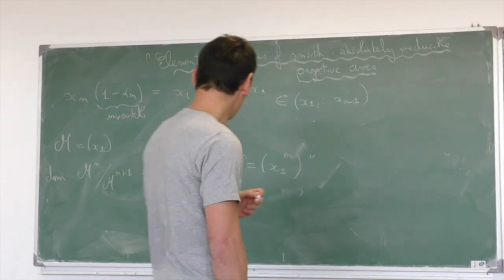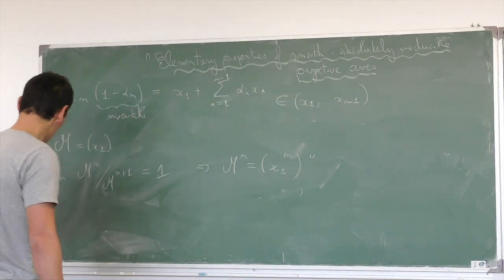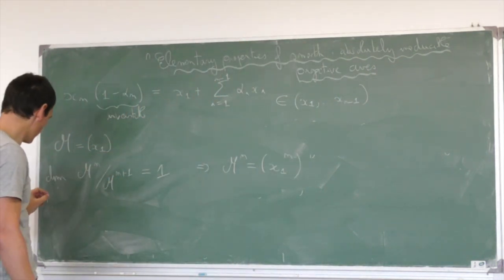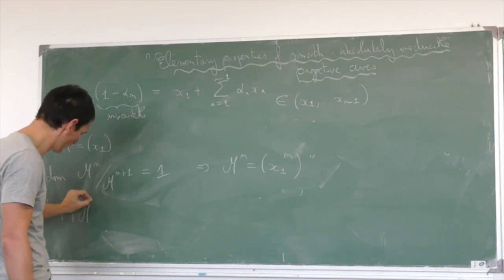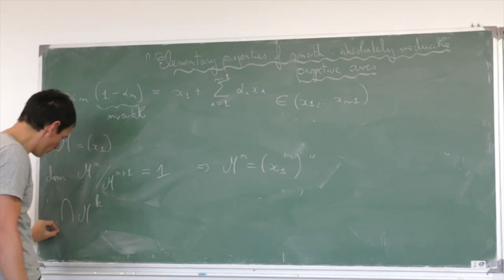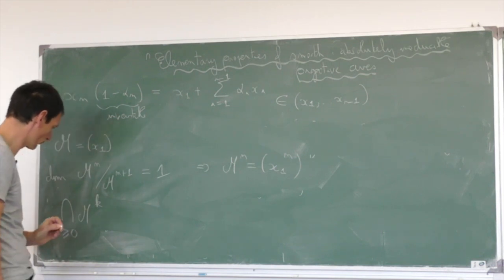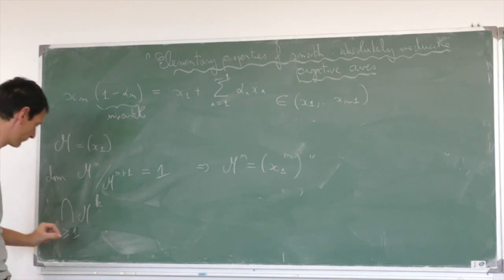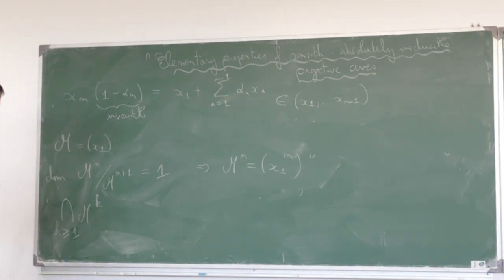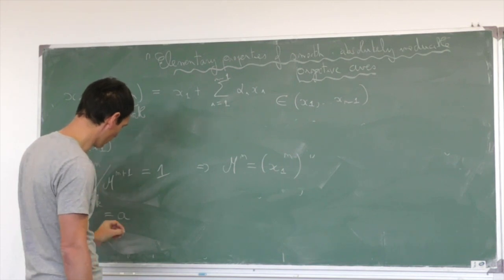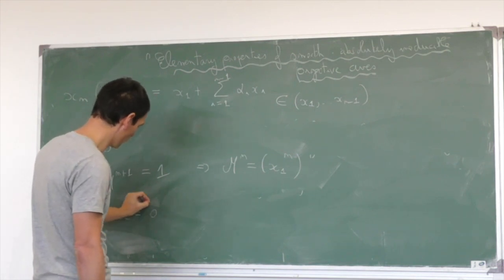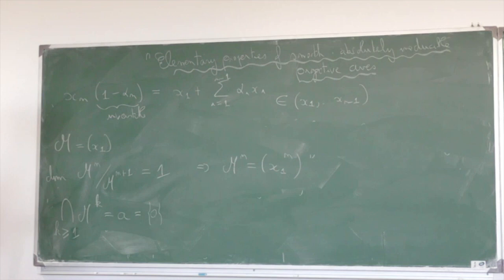Okay. Another property that you can prove, again by the same kind of argument, is that if you take the intersection of all the powers of M, an ideal that I'm going to call A, this is actually 0. How can you prove that? Again, you can try yourself.